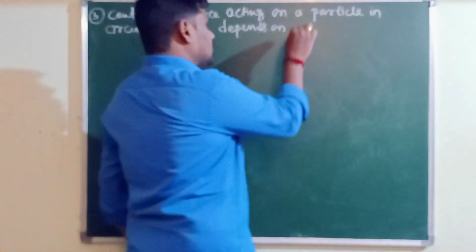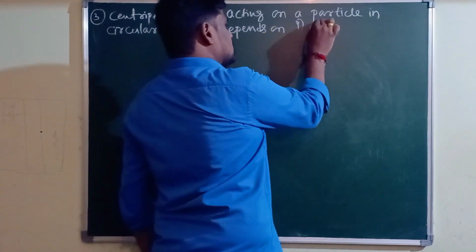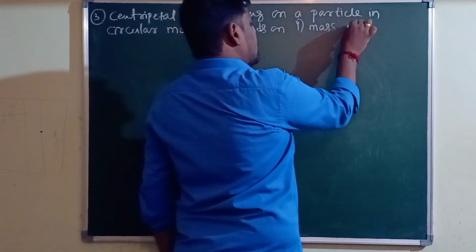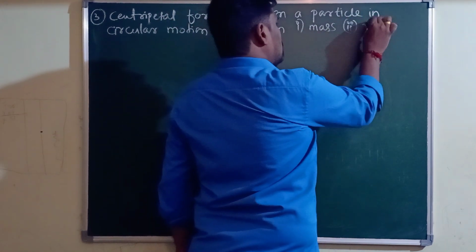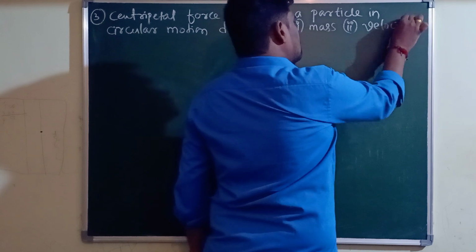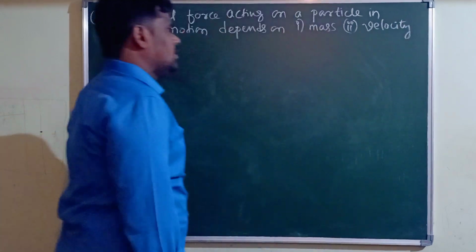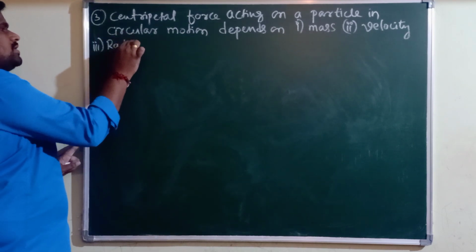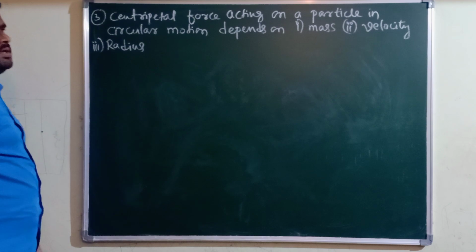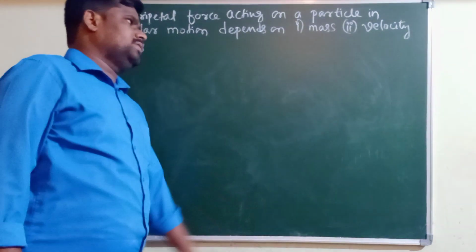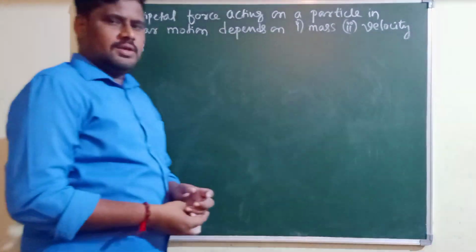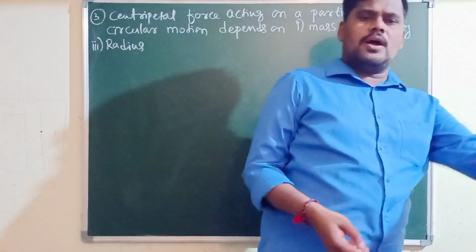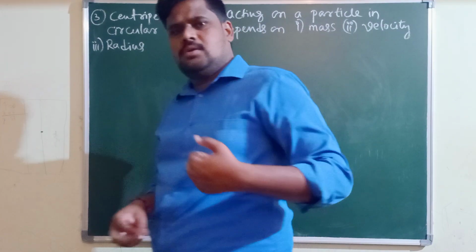first one, mass, second, velocity, third, radius. So that is, it depends on the mass of a particle, second it depends on the velocity of a particle, third it depends on the radius of the circular path along which the body is moving.